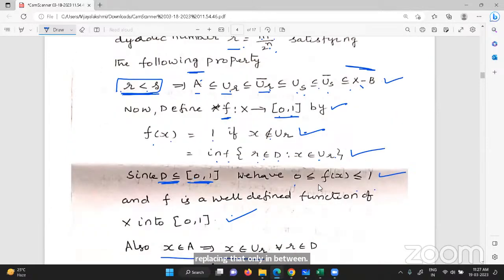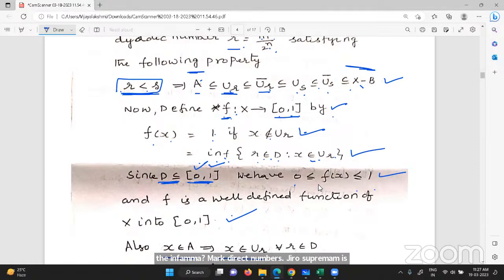Now how do you define the function? Define a function f from X to [0, 1] by f of x is 1 if x does not belong to U r, and f of x equals the infimum of such r if x belongs to U r. Infimum of dyadic numbers: what is the infimum of dyadic numbers? 0. Supremum is 1.